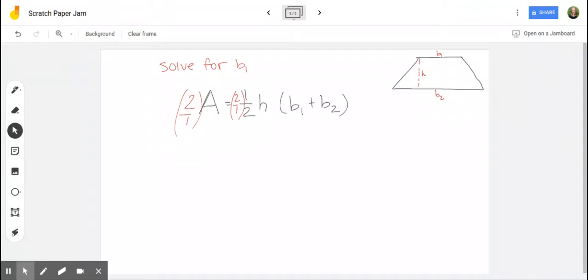So over here on the left, we have 2 over 1 times a. So you could either make them look alike by putting that a over 1, so they're both fractions. But we know by now any fraction with a denominator of 1 is just itself. So 2 over 1 is just 2. 2 times a is 2a.